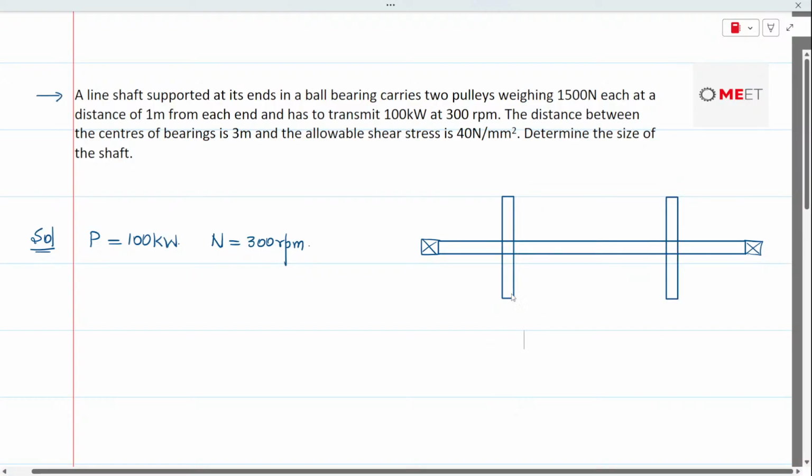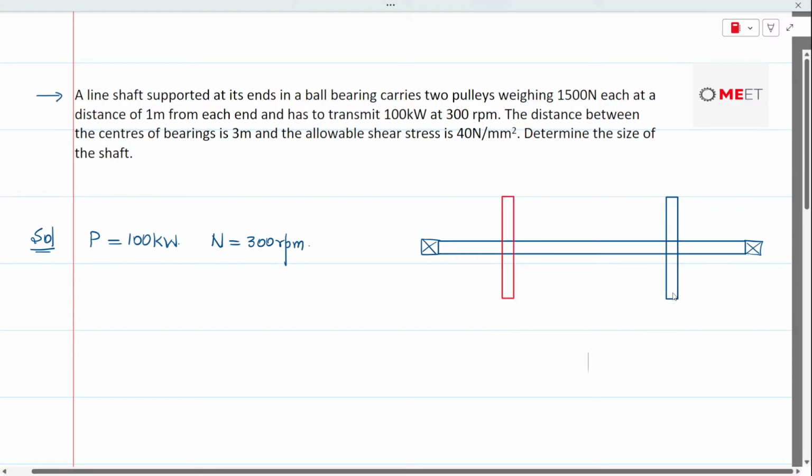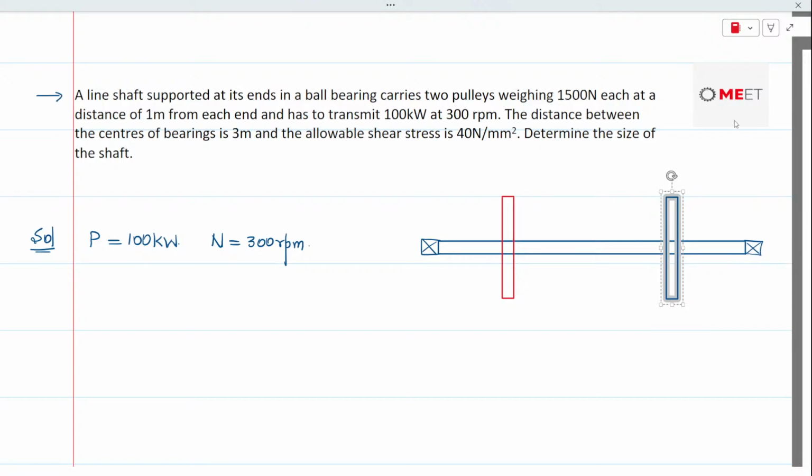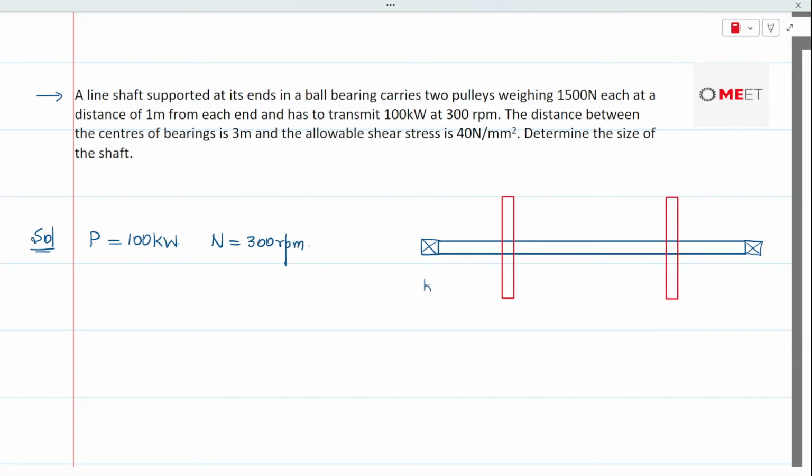Let me just change the color. So this distance will be 1 meter from the left support, and this would be 1 meter from the right support. The distance between both the pulleys is once again 1 meter. This is a rough sketch, not drawn to the real scale.